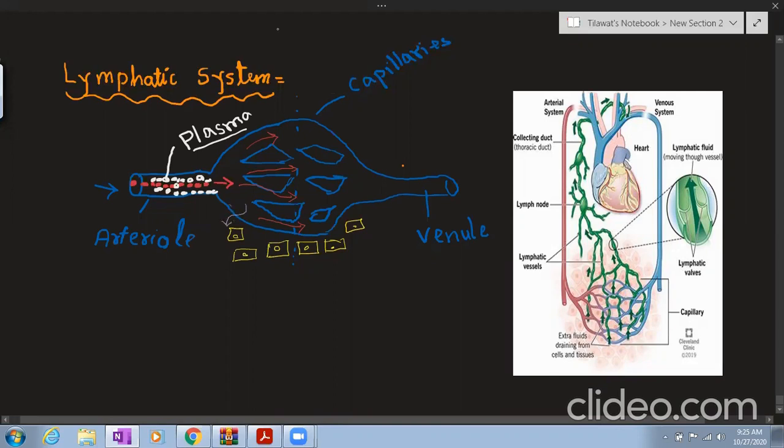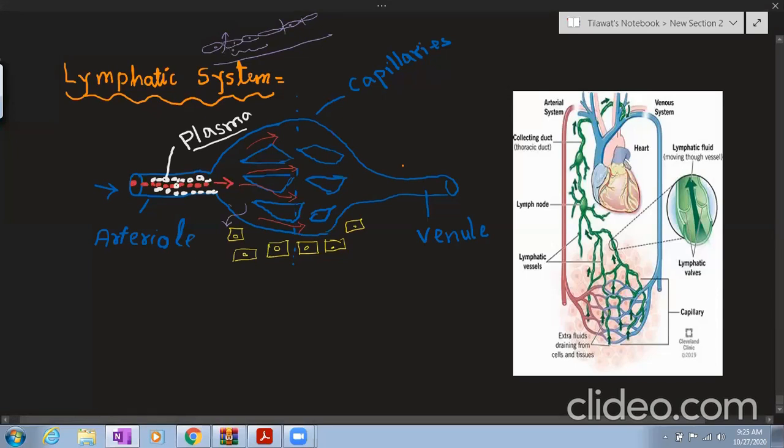If you check, a capillary is one cell thick, and there are small gaps in the lining of the capillaries, small holes, right? So small molecules will come out through those pores.